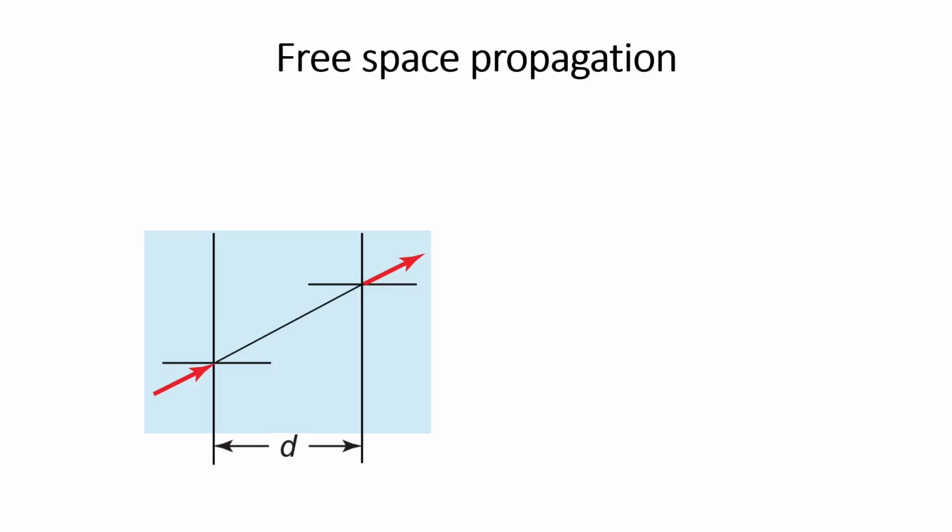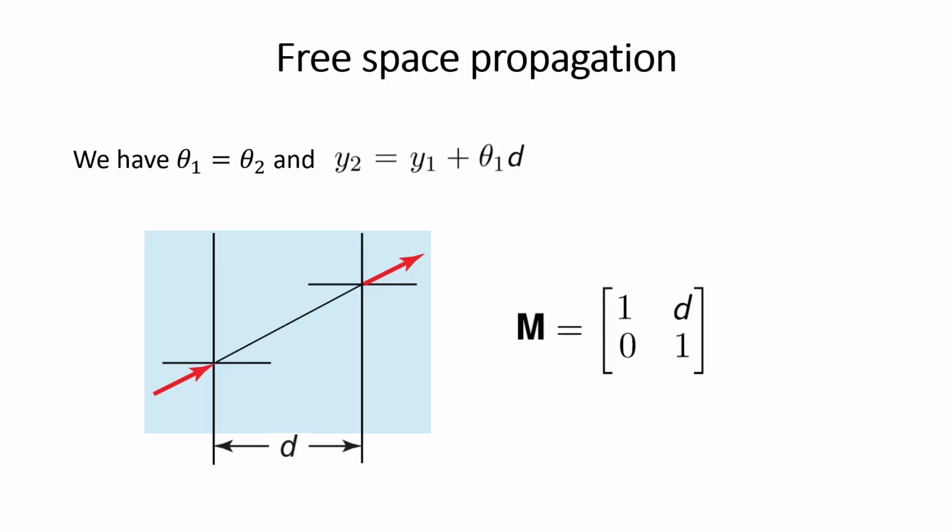Here, the horizontal displacement is d, as you see in the figure, and the y-intercept is y1. So we can write theta1 equals theta2 and y2 equals y1 plus theta1 times d. Therefore, the transfer matrix for this system is 1, d in the first row and 0, 1 in the second row.